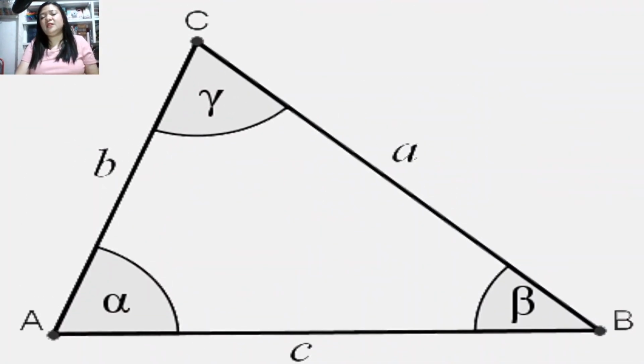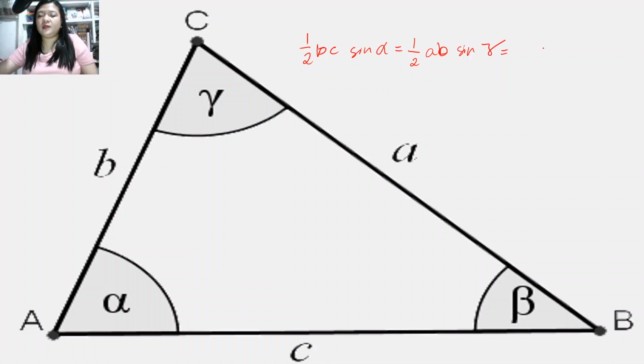Okay, since we are pertaining to one triangle only, we can say that the areas that we took from the three solutions are equal. The first one being 1/2 times BC sine alpha is equal also to the area of the second triangle that we get where the base is at B. So it is 1/2 AB sine gamma, which is also equal to the last triangle, which is 1/2 AC sine beta.